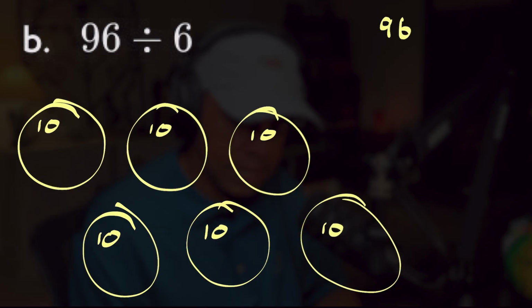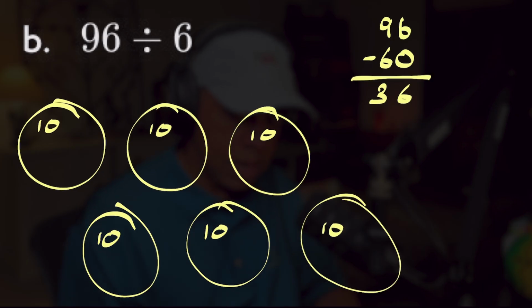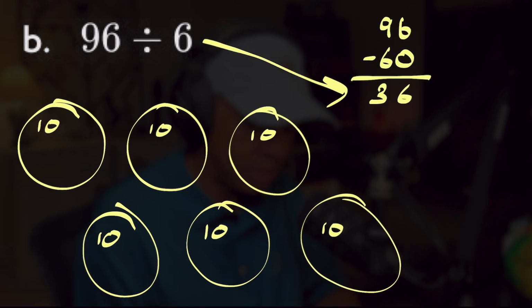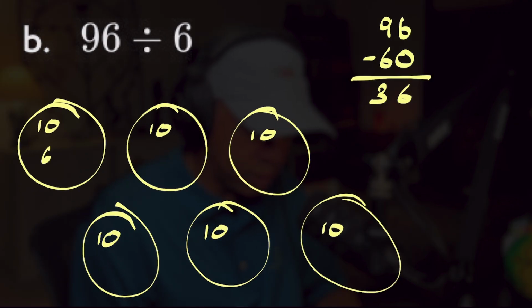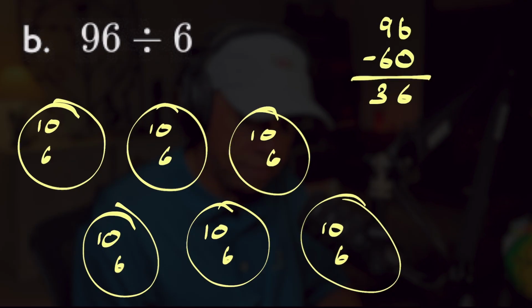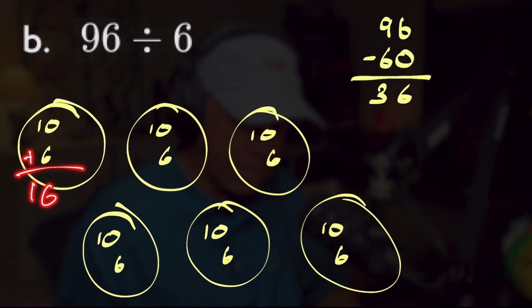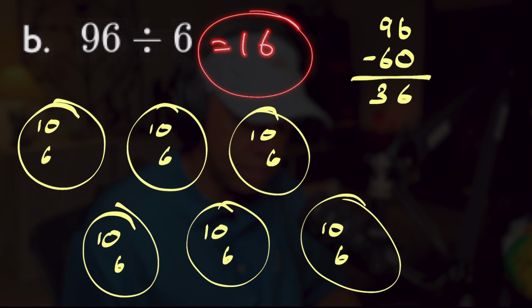If I begin with 96, and I have passed out 60 of them, that leaves 36. Well, I remember 36 and 6 with my times tables, that's 6. So I'm just going to pass out 6 into each. I hope you guys can see how knowing your multiplication facts really speeds this up. Now I have to find out the total, and 10 plus 6 is 16 in each of them. My answer is 16.